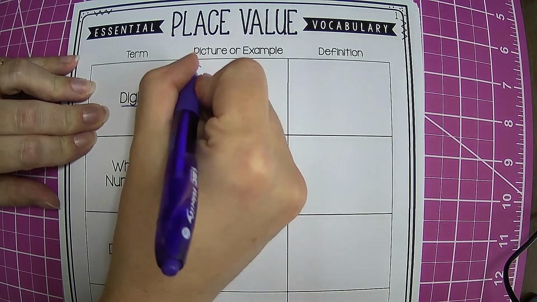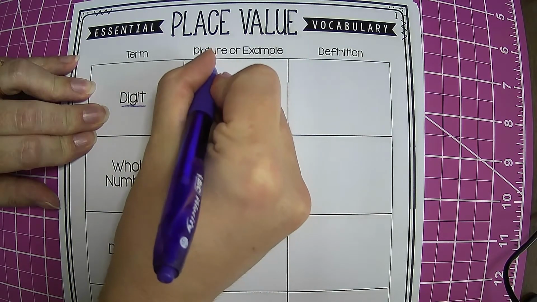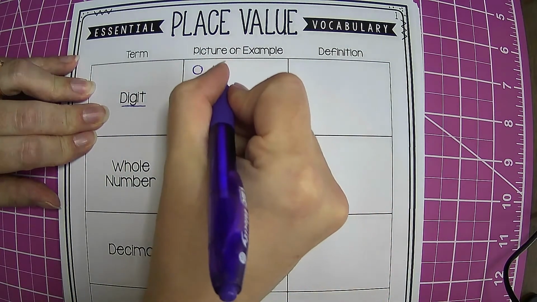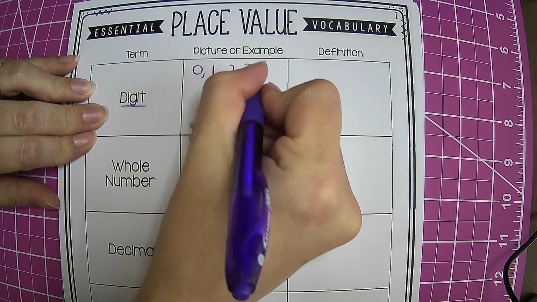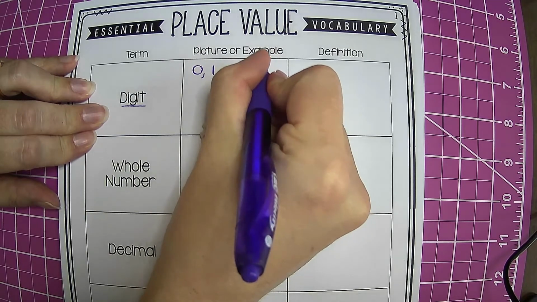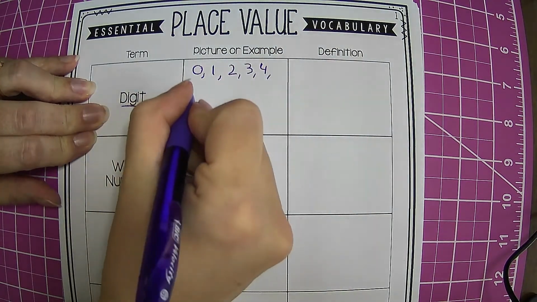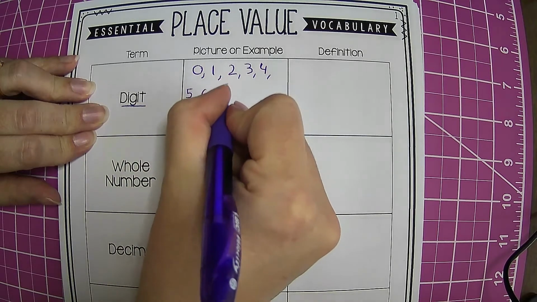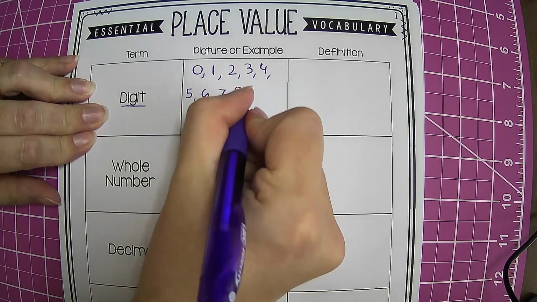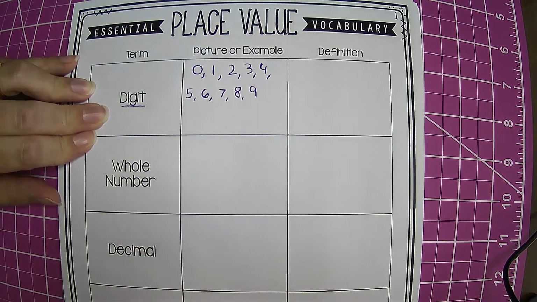So that includes 0, 1, 2, 3, 4, 5, 6, 7, 8, and 9.